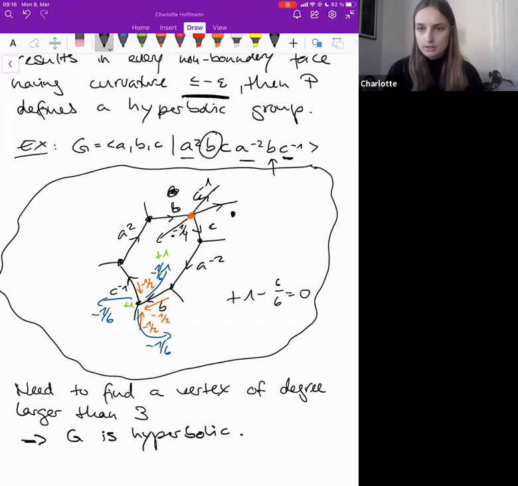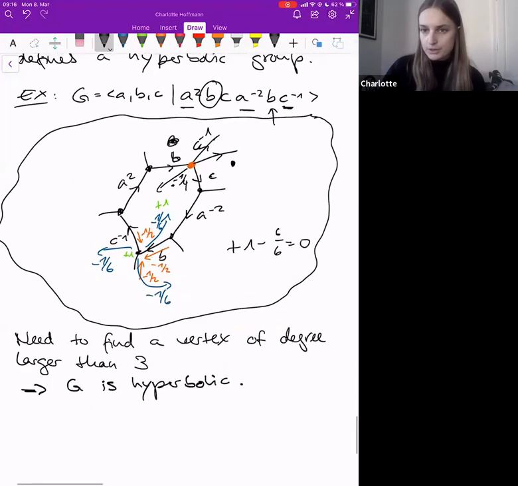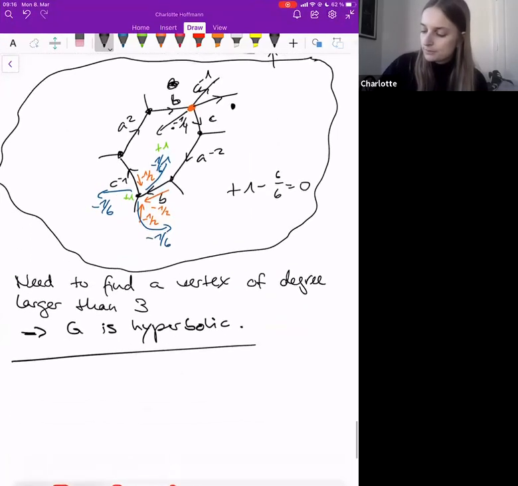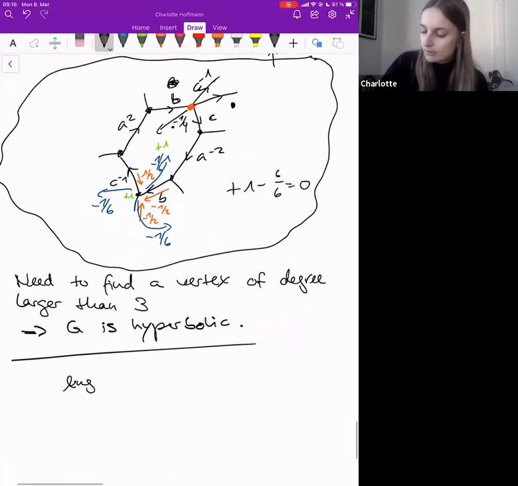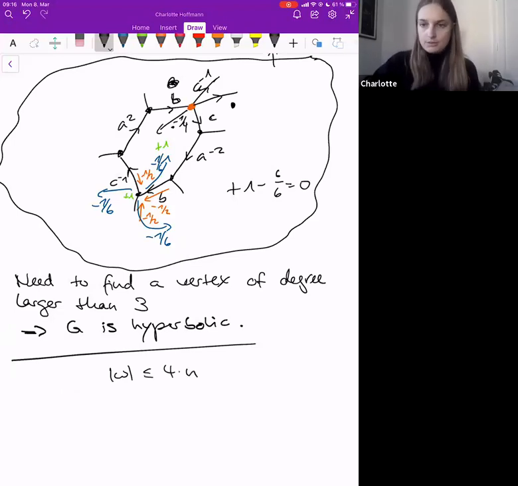So this was the other check we did. We saw that if the length of the relator W was less than or equal to 4 times n, where n is the rank, then this was always enough, so we didn't have to use KBMac in those cases.